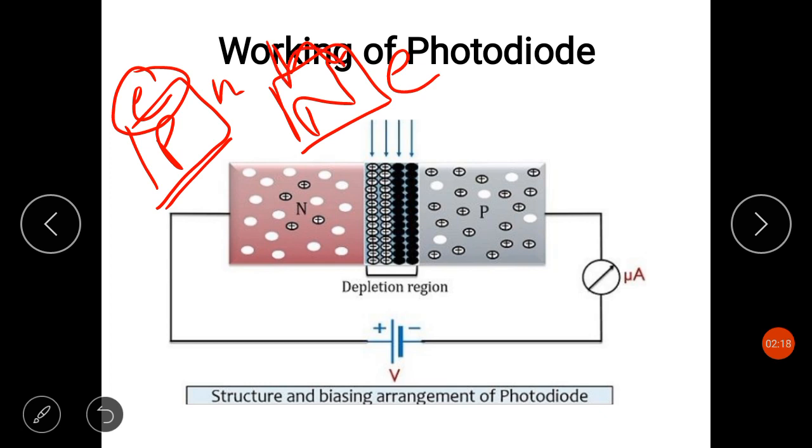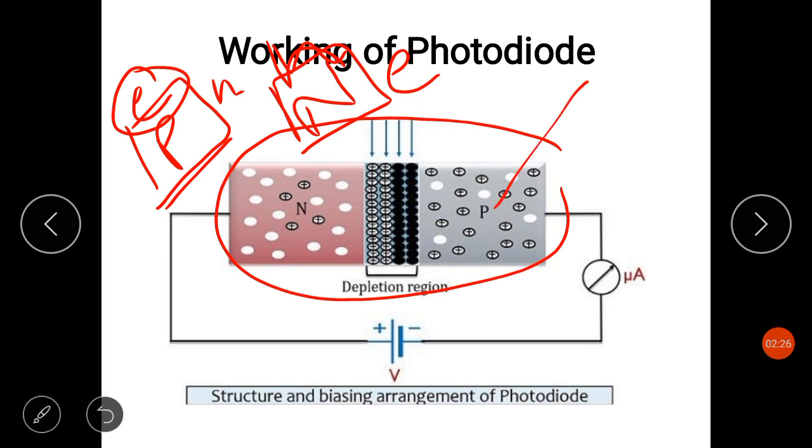Now when the photodiode is reverse biased, this is the actual internal diagram of the photodiode, this is p type, this is n type, and it is connected in reverse biased mode, that is p is connected to the negative terminal of the battery and n is connected to the positive terminal of the battery.